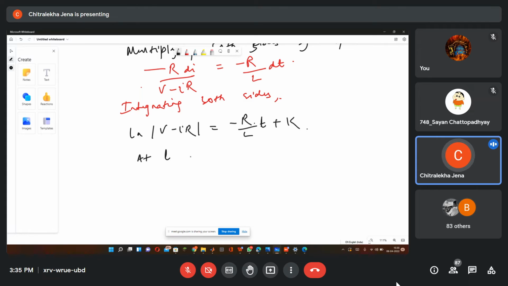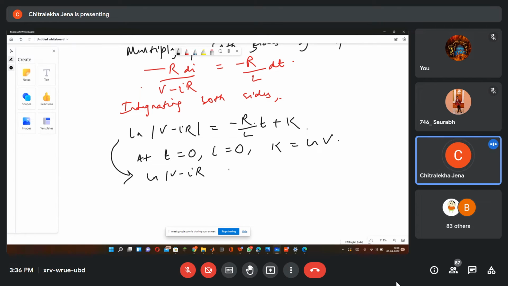At t equal to 0, what is the value of current? Current is equal to 0. So at that time K is equal to ln V. Now substituting here, what you will get? ln (V minus IR) is equal to minus R by L into T plus ln V.